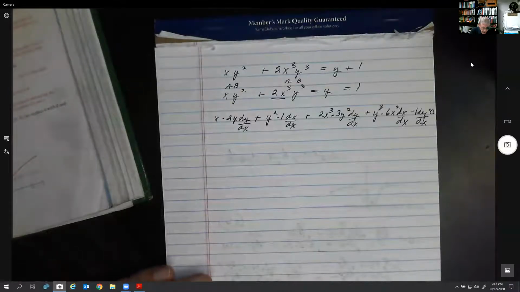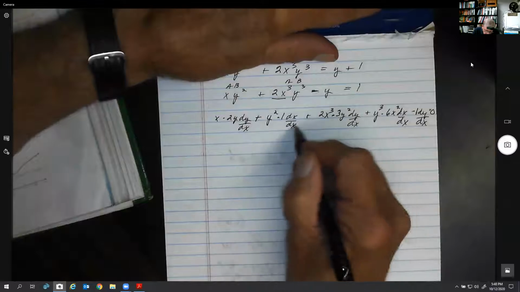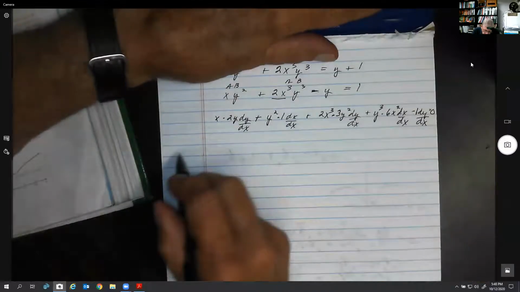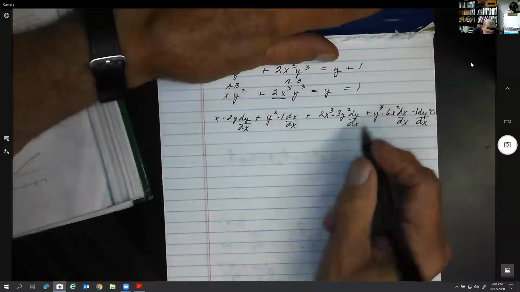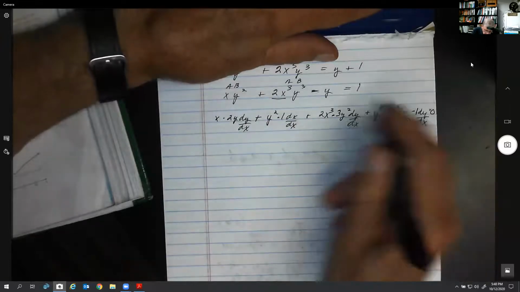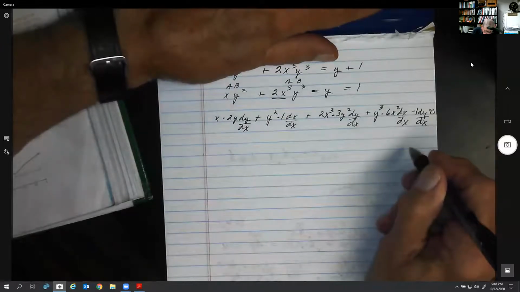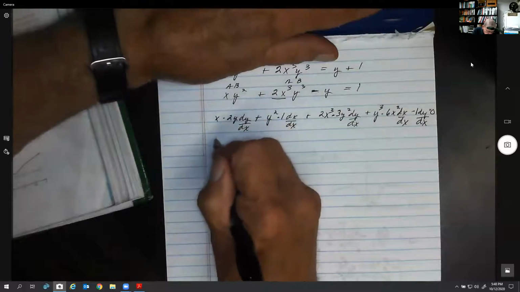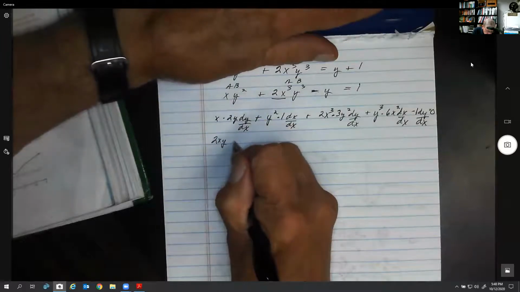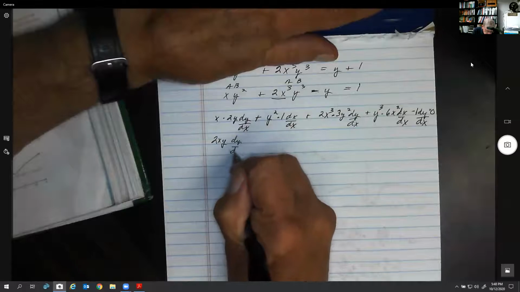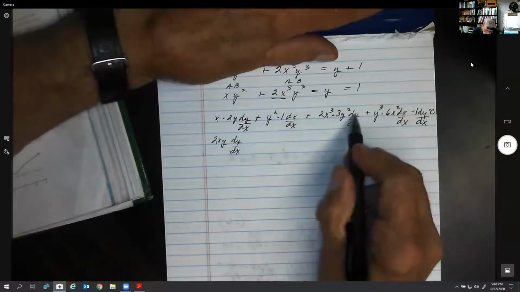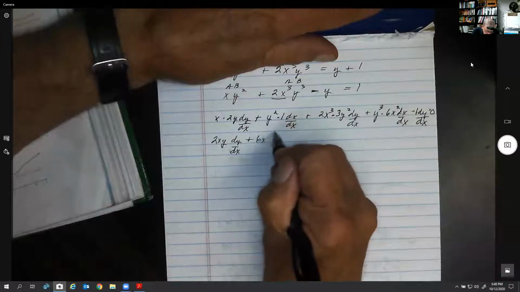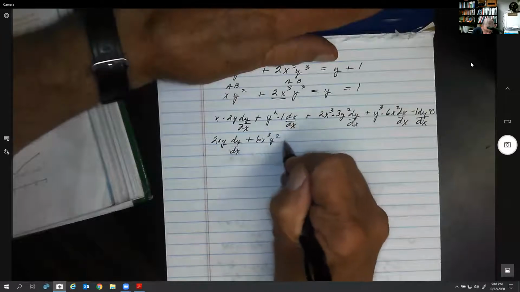Okay, so we got some dx terms and we got some dy dx terms. So let's put these together. We can simplify as we put them together. Let's put the dy dx together. So this is 2xy dy dx. Here's another one. This would be plus 6x cubed y squared dy dx.